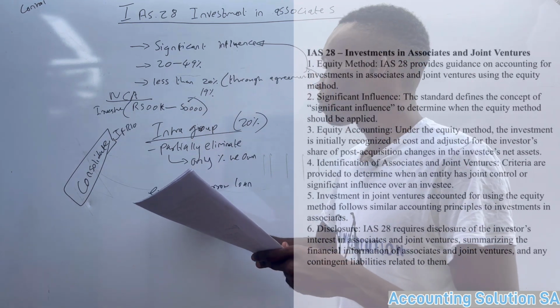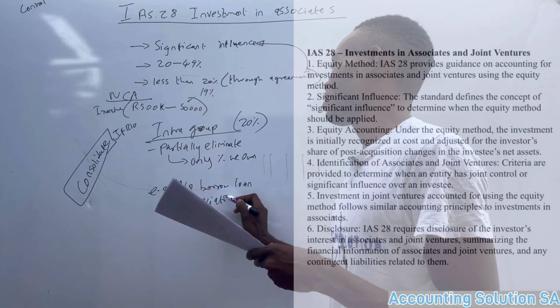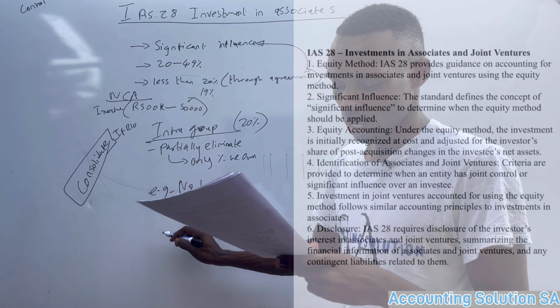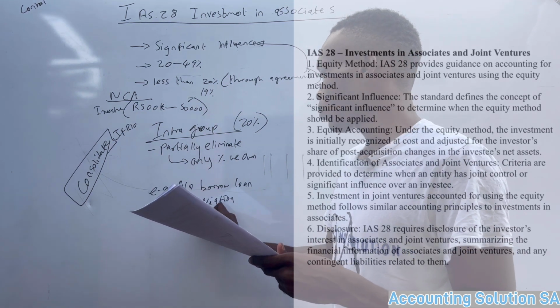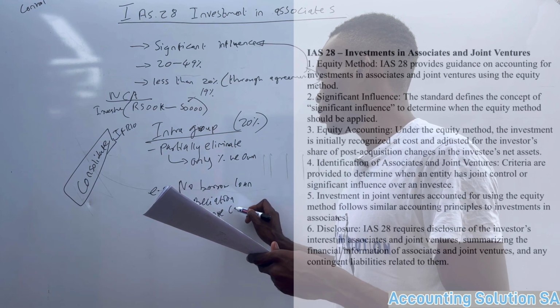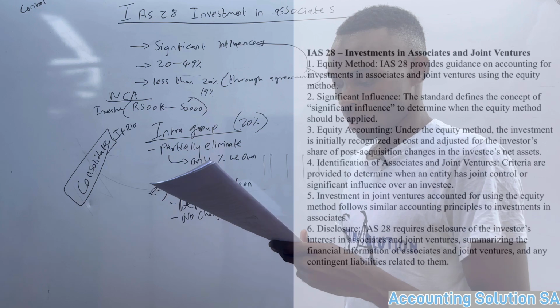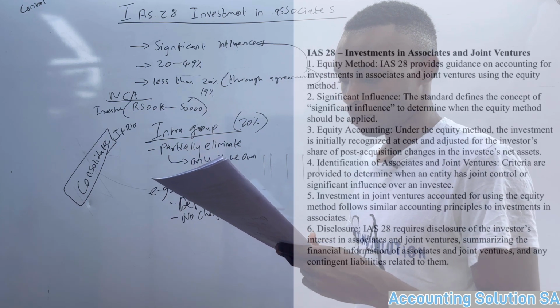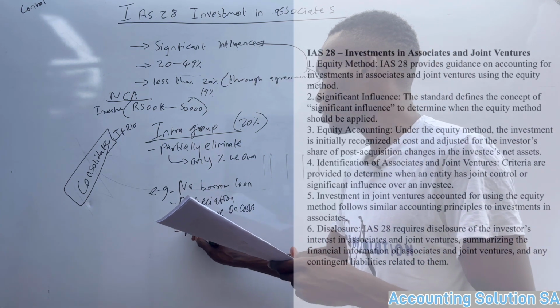Depreciation method must not change; depreciation must stay constant. Another one, no change on cost price. Another one, the issue of dividends as well.